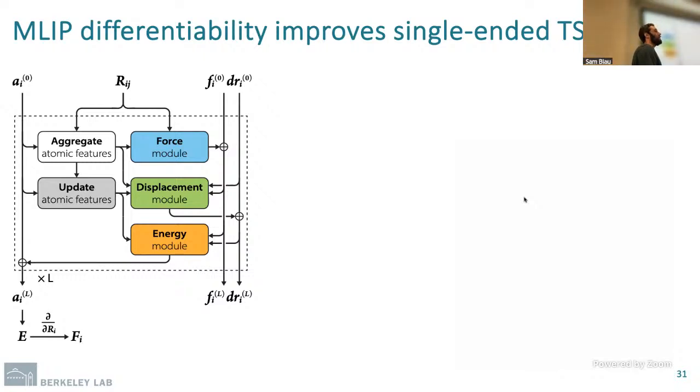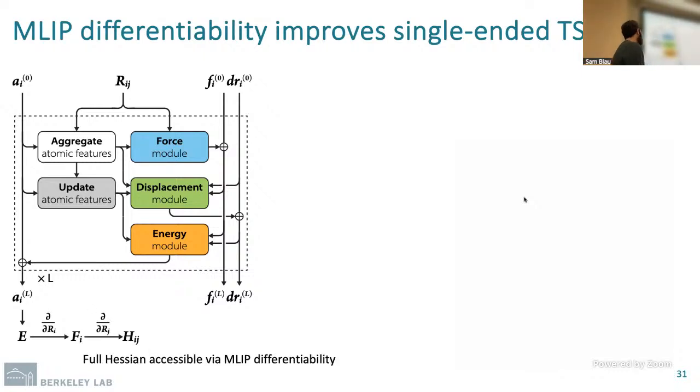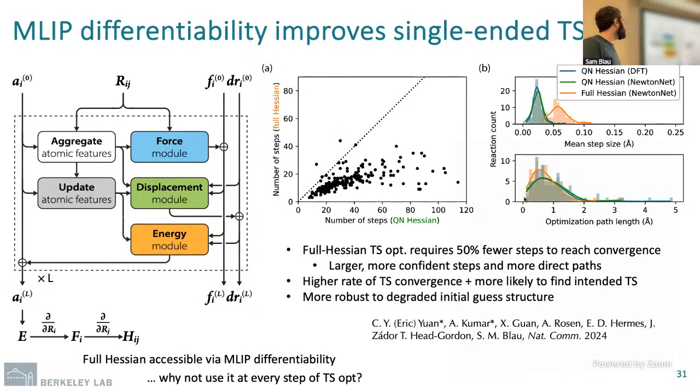Way more important than it is for minima. It's still important, but not nearly as important. So, all right, you autodiff from energy to get your forces, autodiff from forces to get your Hessian. Sure, you pay a little bit more cost, but it's an MLIP. With DFT you have to do that too, right? This is not that big of a cost in comparison.